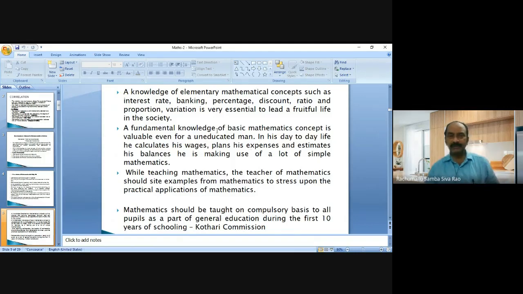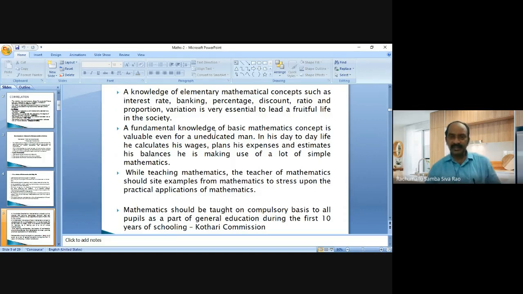From home to office, from earth to sky, whatever it may be, there is the application of mathematics. So we have to give this knowledge to students. We have to make the students aware of the correlation between mathematics and actual life, that is, real life.